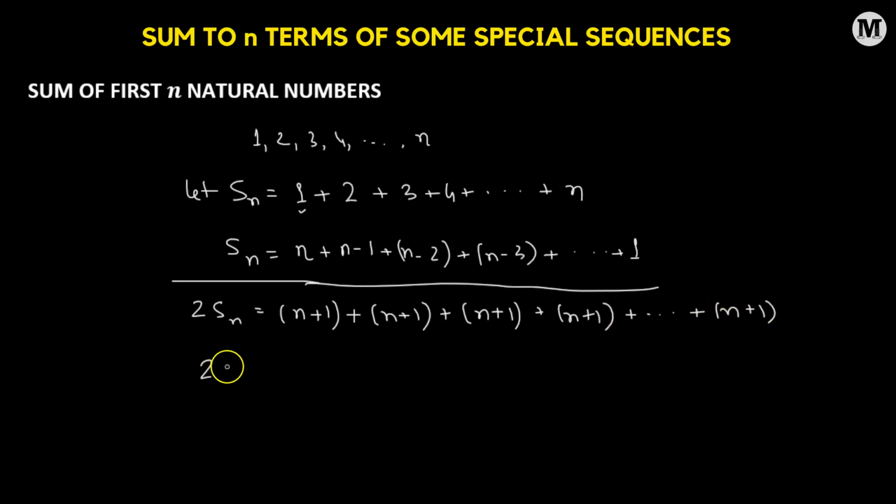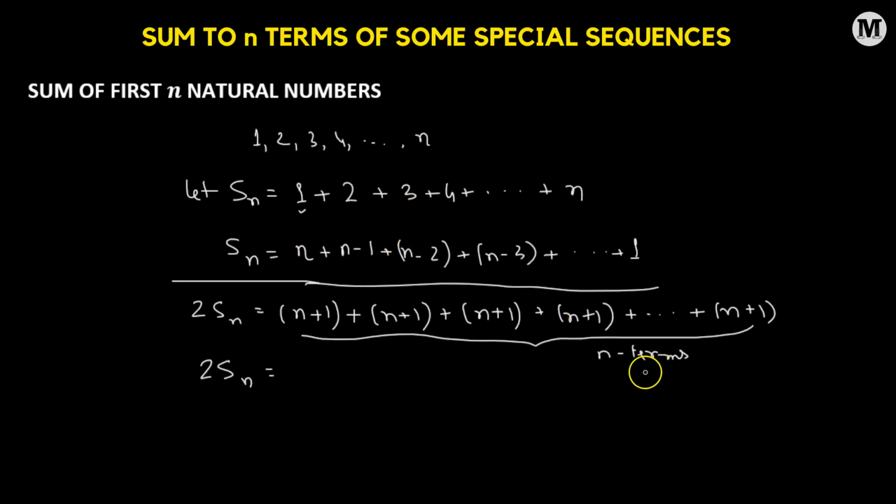So we now have 2 times Sn equal to, now how many terms are present here? In this particular sum, there are n terms, because if we consider Sn, which is the sum of natural numbers up to n, here we have n number of terms, and we are adding it to the same sum Sn, so that also has n number of terms.